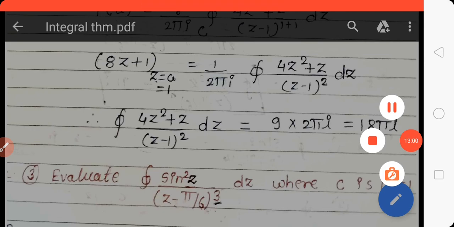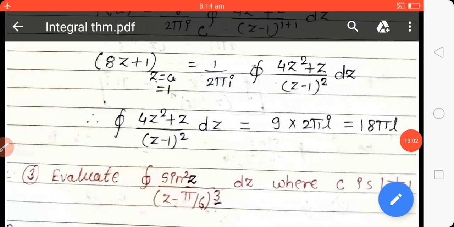Use the differentiation formula when the function has z minus a raised to the power n, where this power is more.